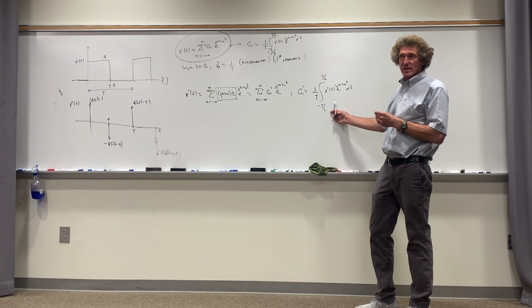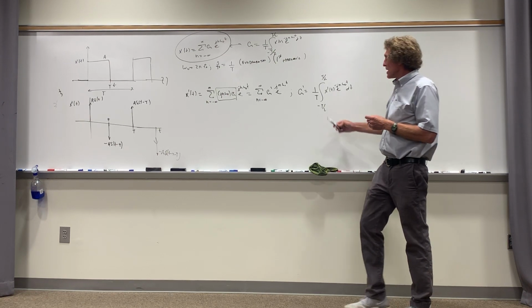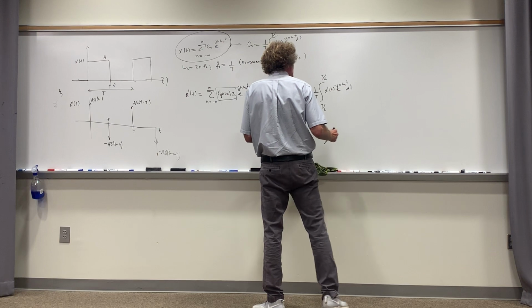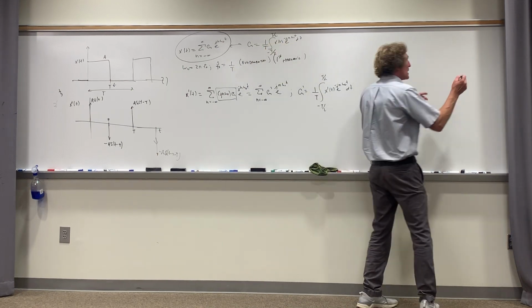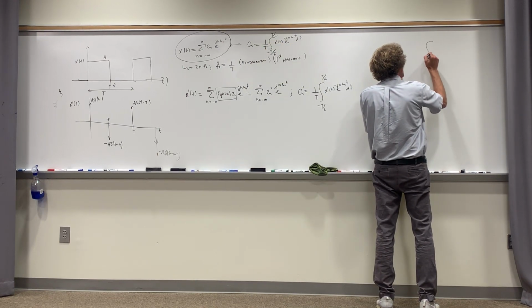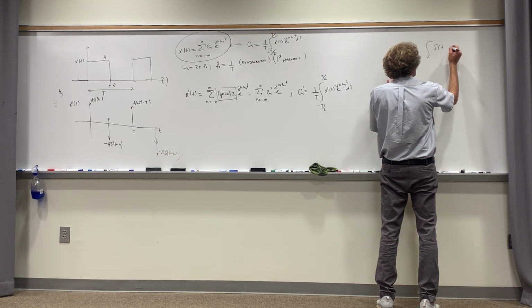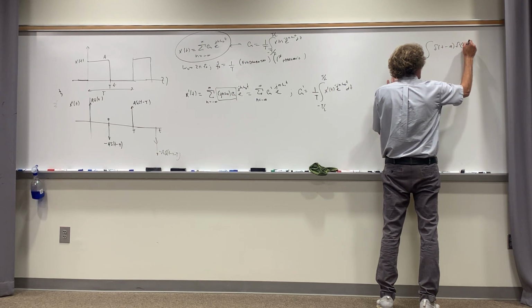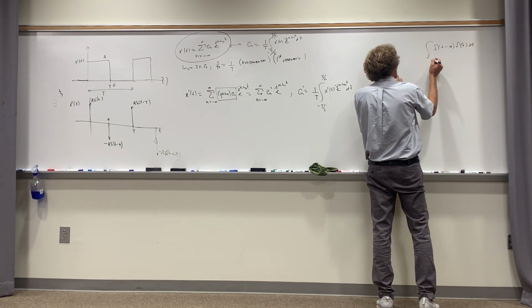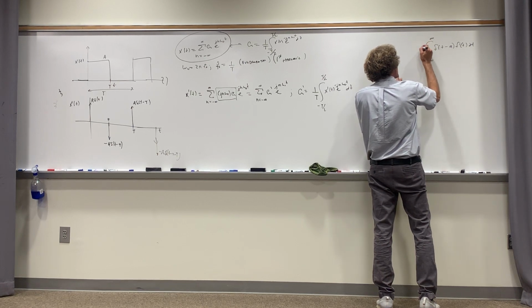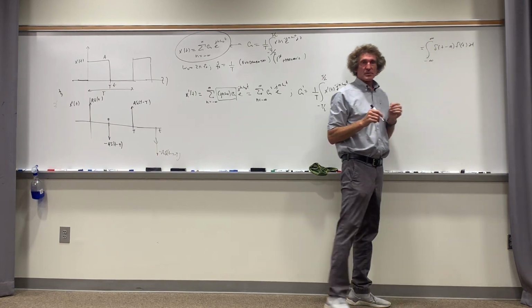Gotta make sure I've got everybody's attention, okay? Now the reason it's so important is, if you take a look at the integral of a delta function of t minus anything, minus any value a, times f of t dt from minus infinity to infinity, what is that always equal to?